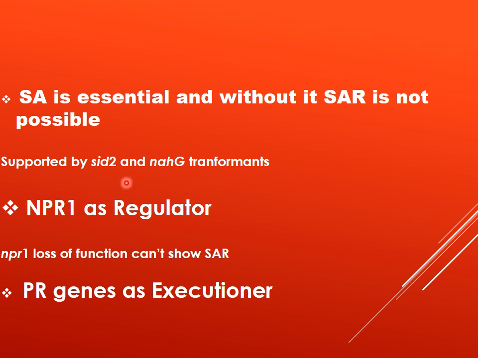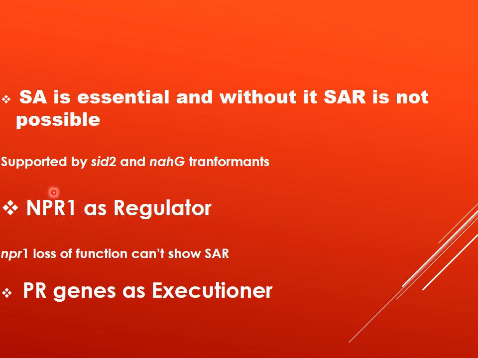The second thing: when people applied salicylic acid on plants, they noticed that the expression of a gene known as NPR1 changed.